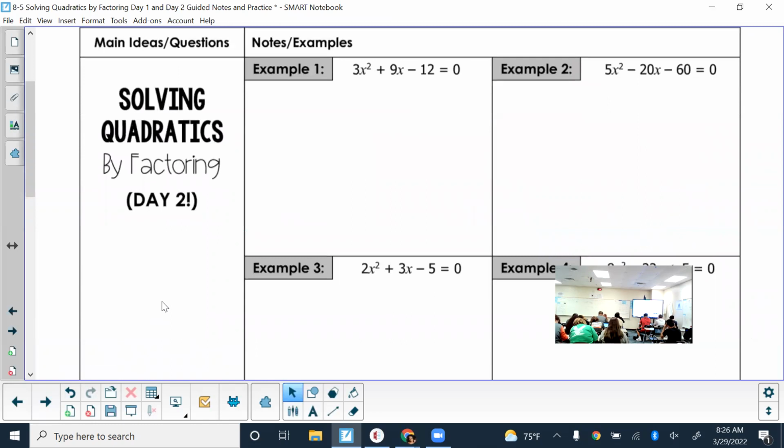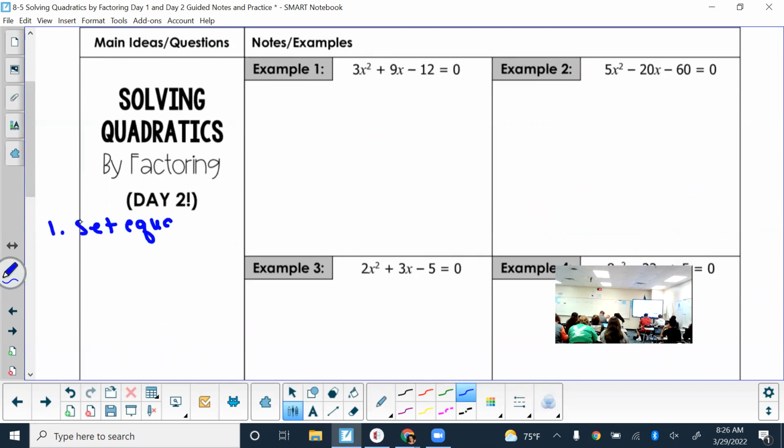All right, so maybe write that off to the side on your notes if you don't have that already. But is this equation already set equal to 0? Yes. Yes, so then step 1 is already done. So set equation equal to 0.